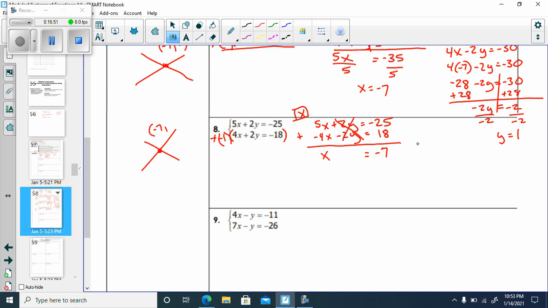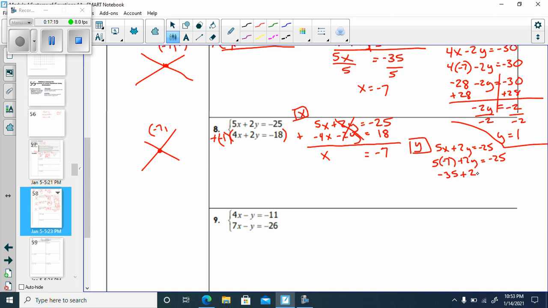How do we get to the y? I choose one of these equations and I would plug this in. Let's try this one. 5x plus 2y equals negative 25. This is part of that. Our x is negative 7. 5 times negative 7 plus 2y equals negative 25. 5 times negative 7 is negative 35.